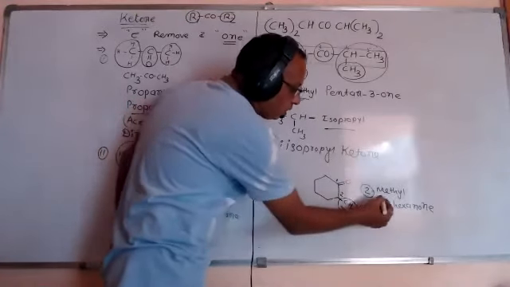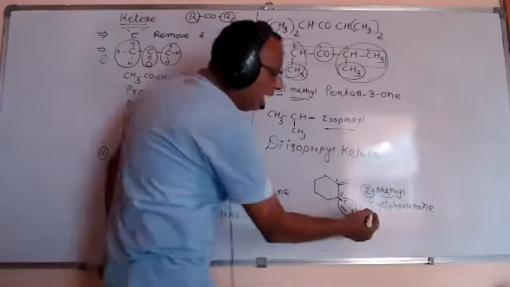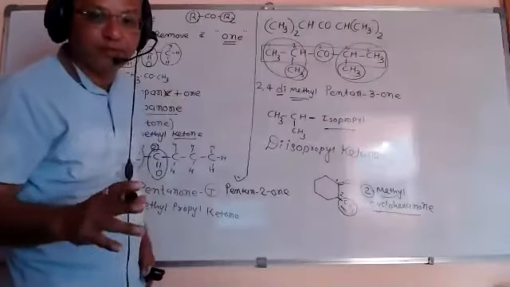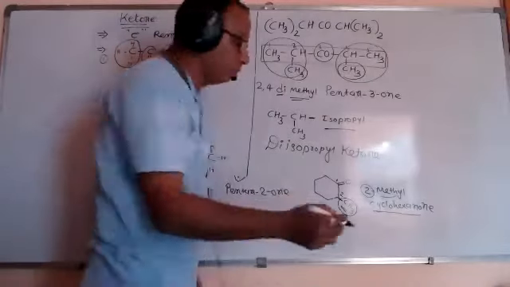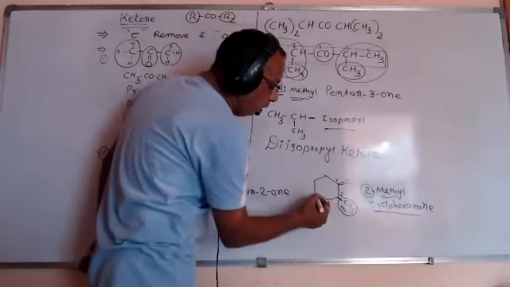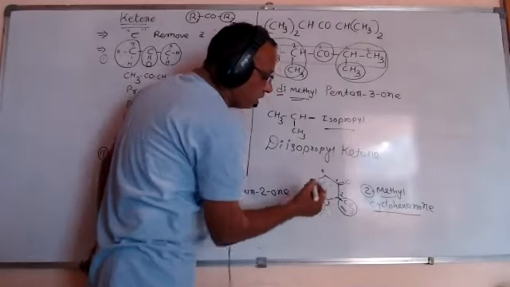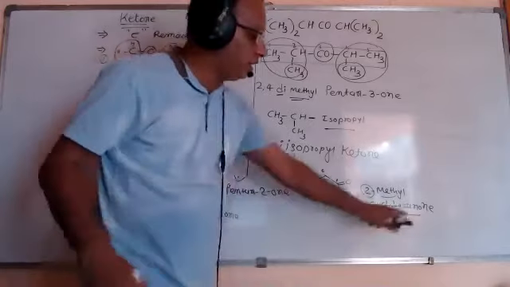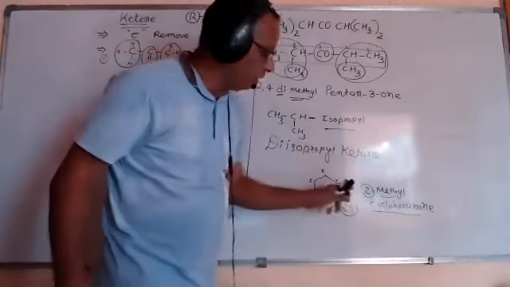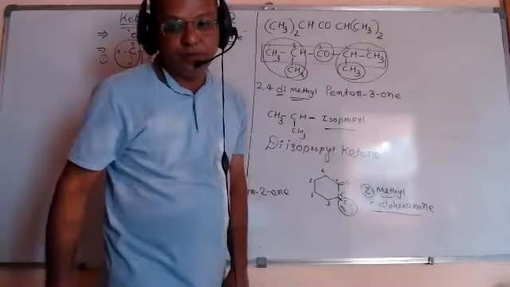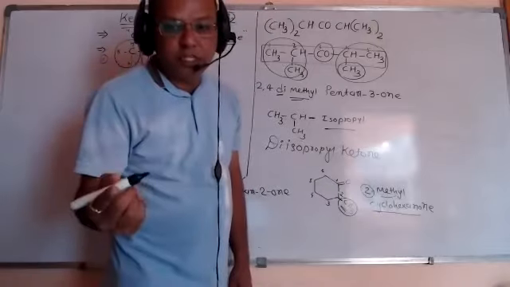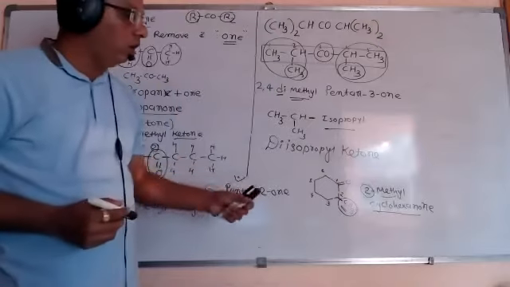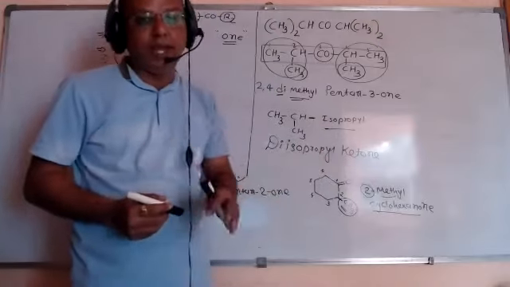Cyclo word is for closed figure. Hexane word is for 6 carbons: 1, 2, 3, 4, 5 and 6 carbons are there. That's why it is cyclohexane. And friends, the suffix one is for ketone. From cyclohexane, E is to be removed and one is to be written. So it is called 2-methylcyclohexanone.